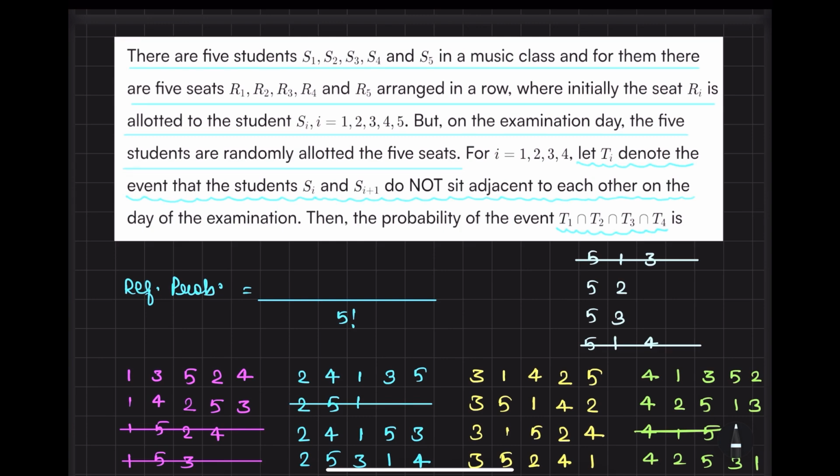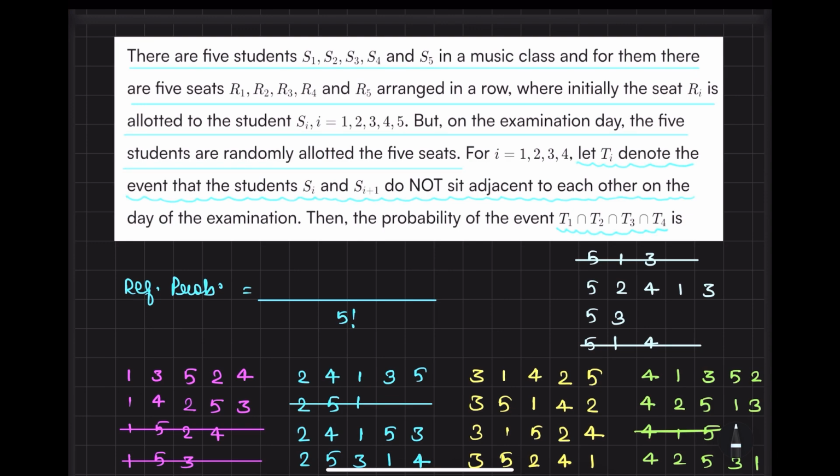Okay. Then with 2 you cannot allow 1 and 3 to sit. So who will sit? 4 will sit. Only one choice. And then with 4 you cannot allow 3 to sit, and we are left with only one choice, that is 1 and then 3. So this is a valid case.